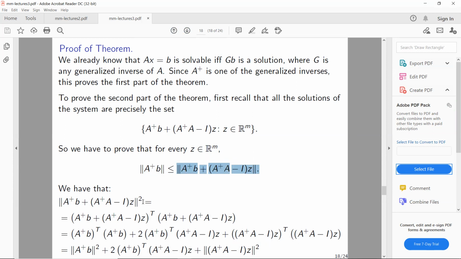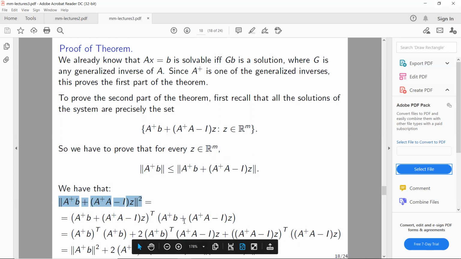And here we use the same as we did in the first hour, how to express the norm of a vector. The norm of the vector squared is just this vector transposed times this vector. So the square of the norm is the sum of squares of the components, but it's just this vector transposed times this vector.